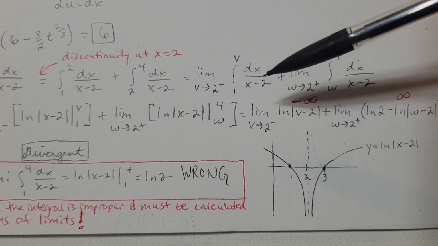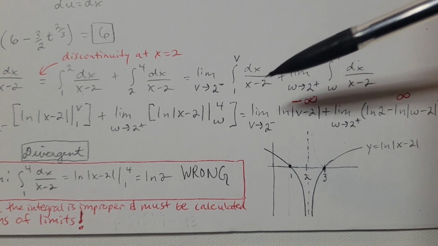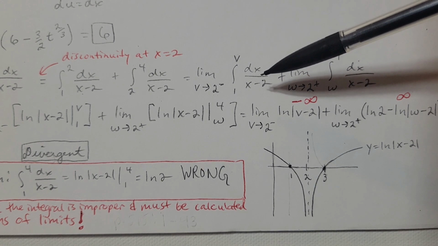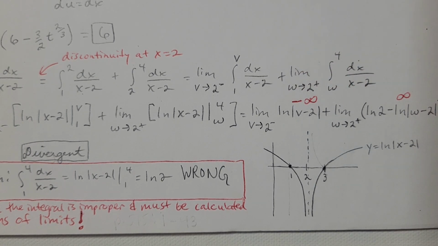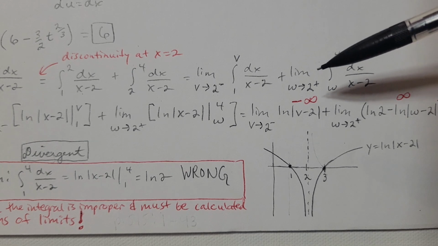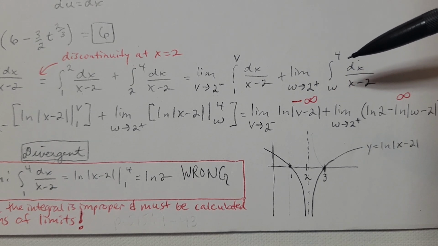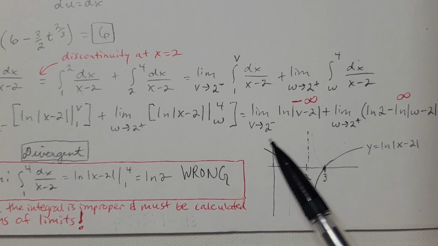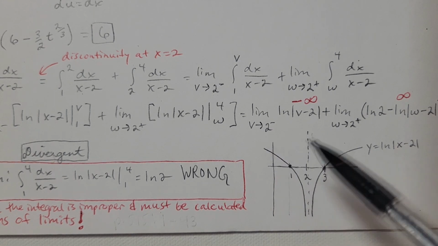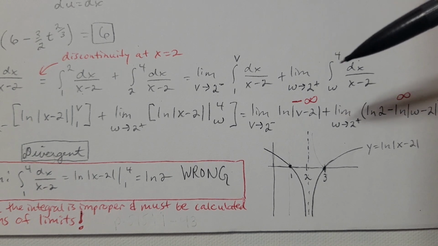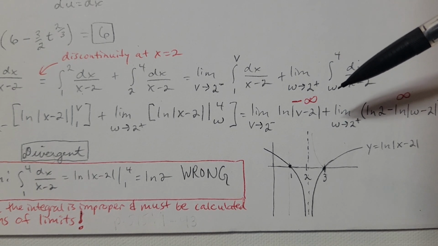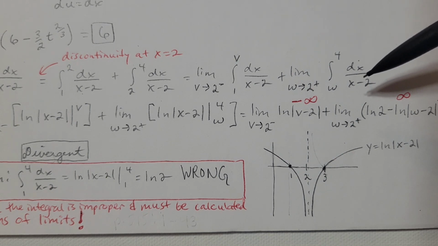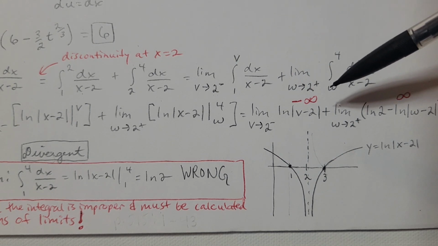And I'm going to go from 1 to v, integrating 1 divided by x minus 2 dx. Okay, plus the limit as w approaches 2 from the right. If I'm going from 4 over to 2, I'm approaching 2 from the right side. And I'm integrating going from w to 4, 1 divided by x minus 2 dx.